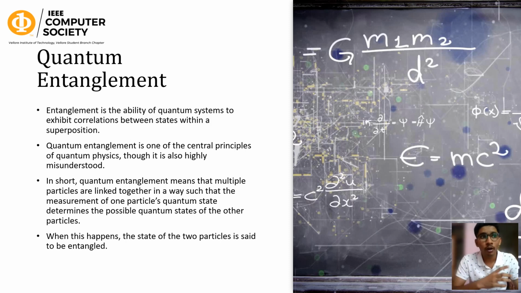So if I determine one of the electrons to have either a spin up or a spin down orientation, the other one, in the different universe, will have the opposite orientation. If the electron is having a spin up orientation, the other particle in the different universe will have a spin down orientation. This is what quantum entanglement is, in very easy language: there's definitely a relation or correlation between these two particles, and that's why both are called quantum entangled, right?